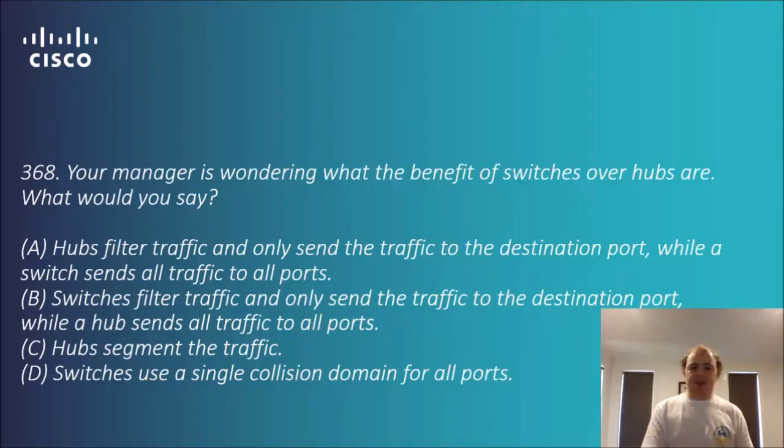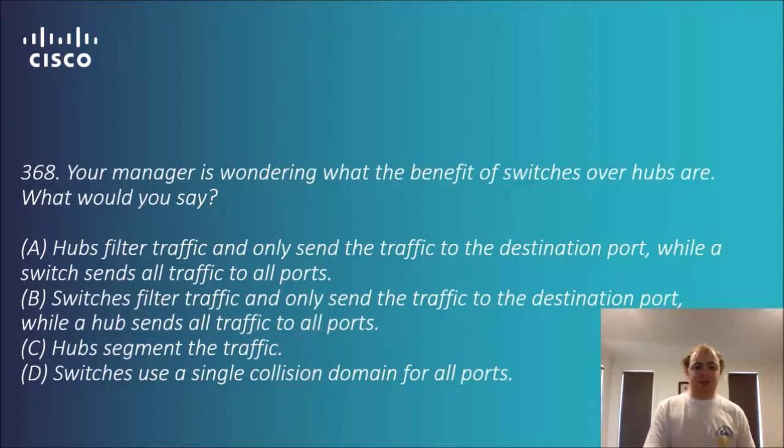368, your manager is wondering what the benefit of switches over hubs is. What do you say? You say, get out of here, hubs, they are useless. Well, they're useful, but not in the modern day. It's 2019 right at this minute doing this video. Hubs filter traffic and only send traffic to the destination port, while a switch sends all traffic to all ports. Switches filter traffic and only send the traffic to the destination port, while a hub sends all traffic to all ports.